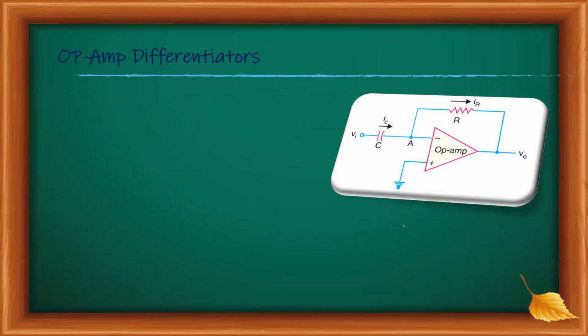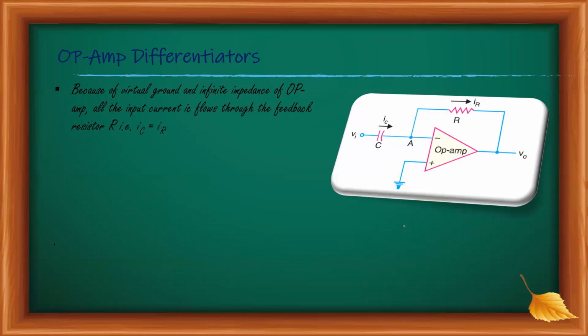In this case also, we can say that due to the virtual ground and infinite impedance of op-amp, all the input current IC flows through the feedback resistor.